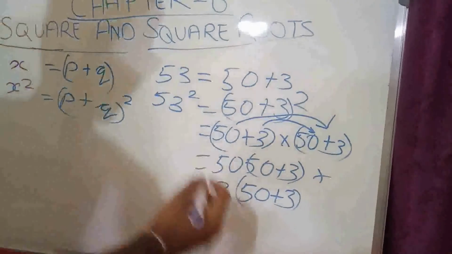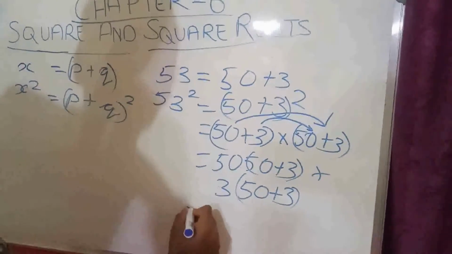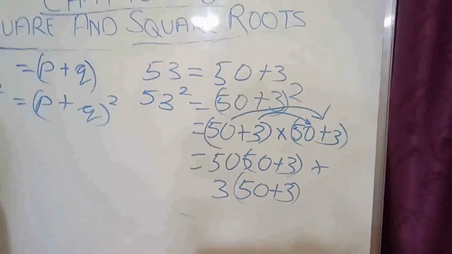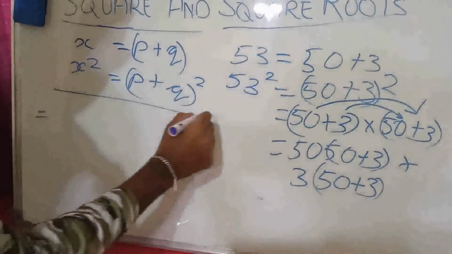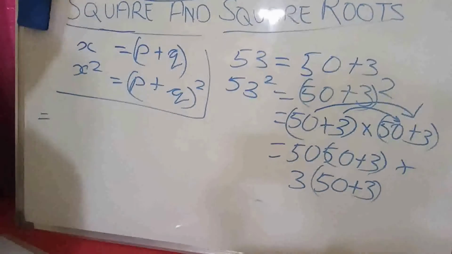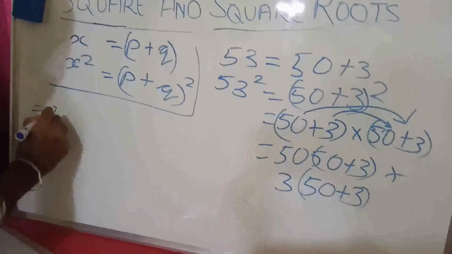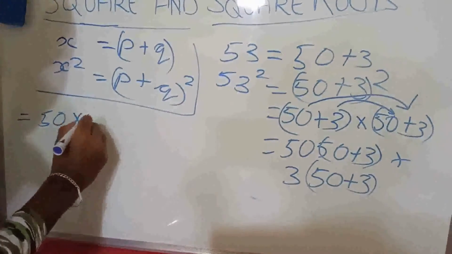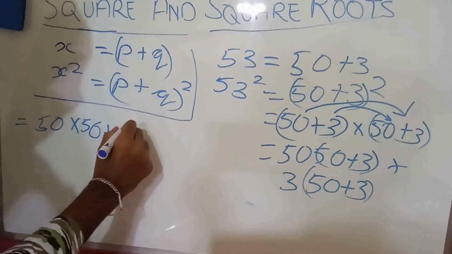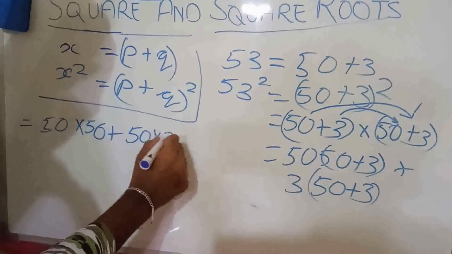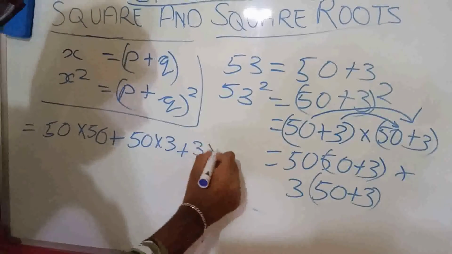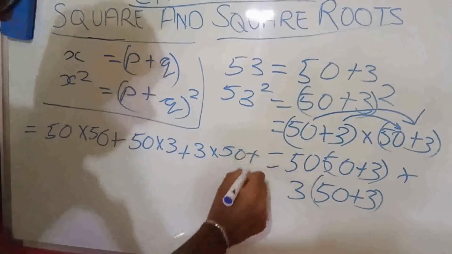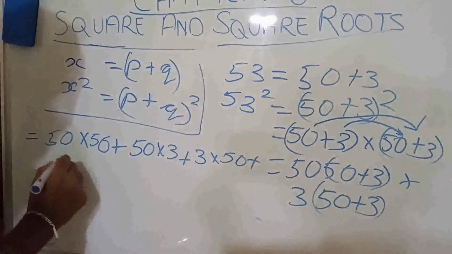So then we can find the answer. We can continue here. It will be 50 into 50 plus 50 into 3 plus 3 into 50 plus 3 into 3.